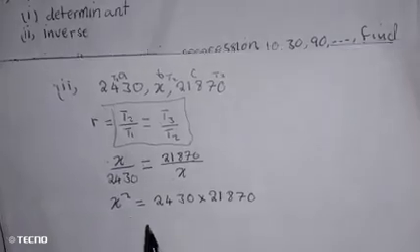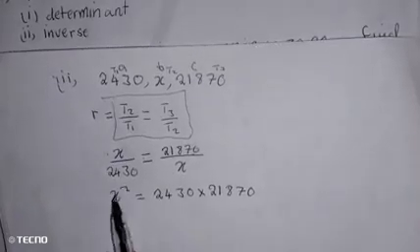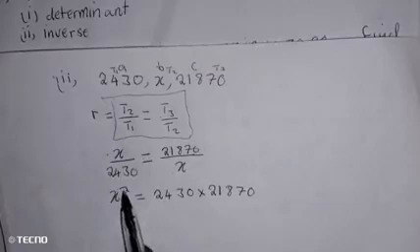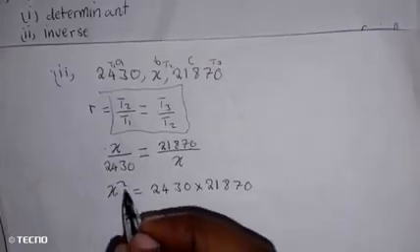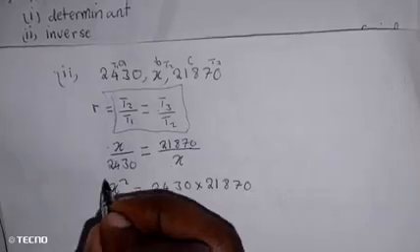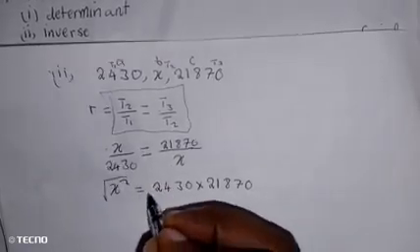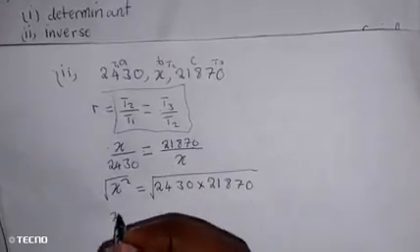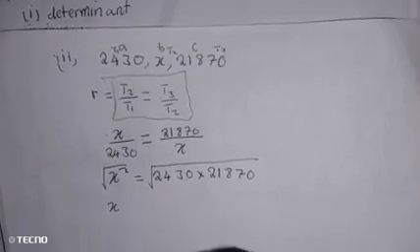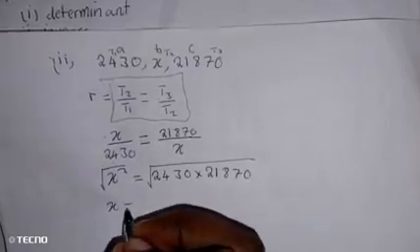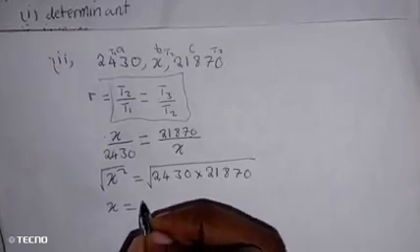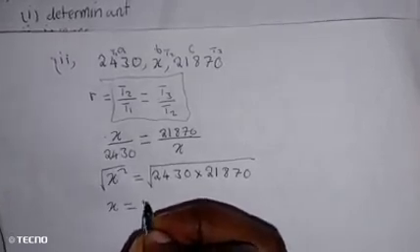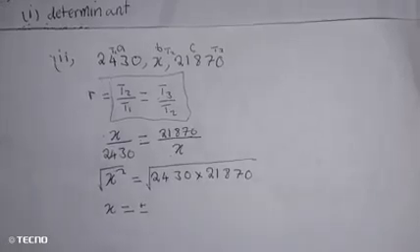We are multiplying. Remember, what you want to calculate is the value of x, not x squared. So to calculate the value of x, you introduce the square root on this side and square root both sides. Once you take the square root, you expect two answers, negative or positive, so we say plus or minus.